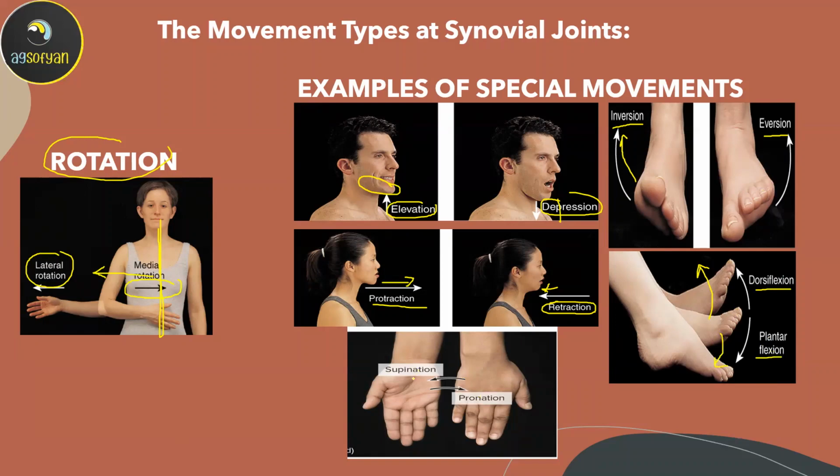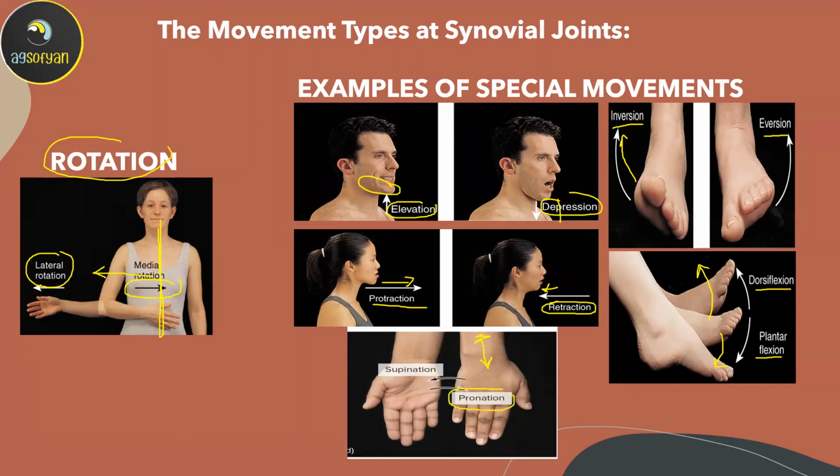This is pronation and supination. Remember, prone position is actually when we stand and then we lay down on the bed. Okay, the prone area of our body is actually the dorsal side of our hand over here. So we move our hand or our arms to this dorsal area, and this movement is called the pronation.